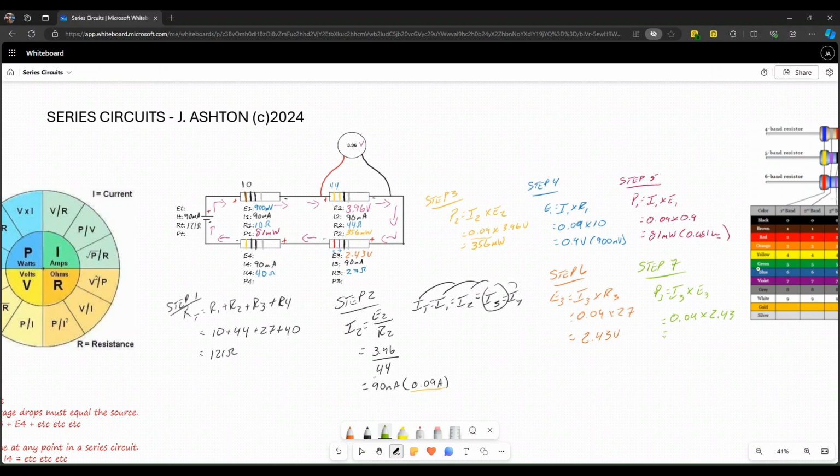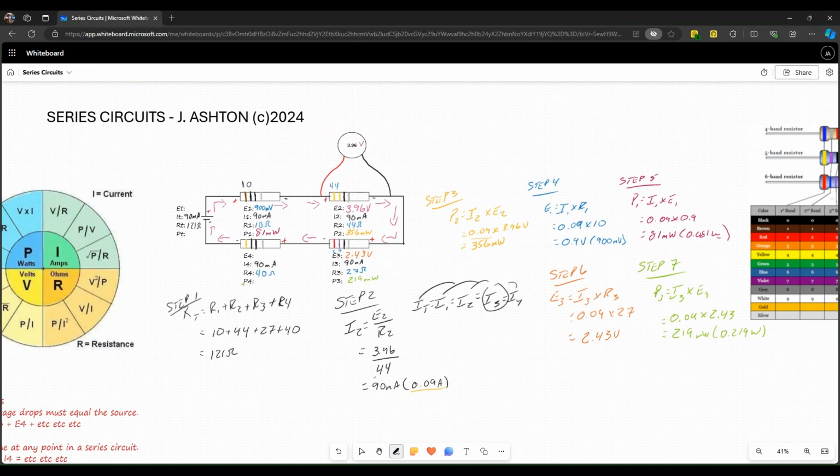We get 219 milliwatts, if I round up. Oops, not volts, milliwatts. Which is 0.219 watts. Okay, 219 milliwatts.